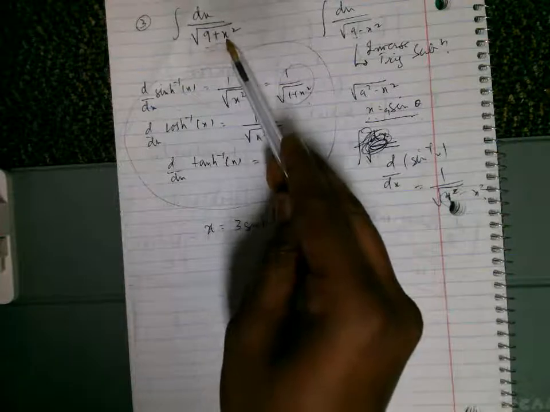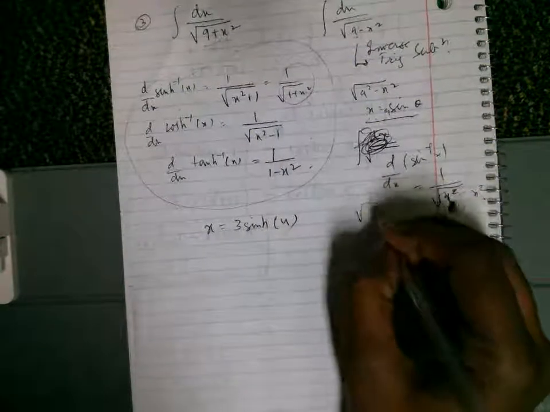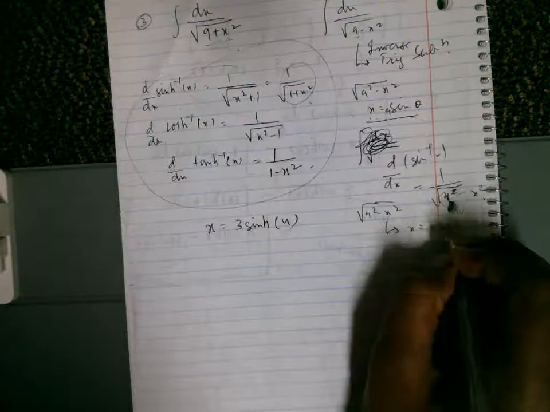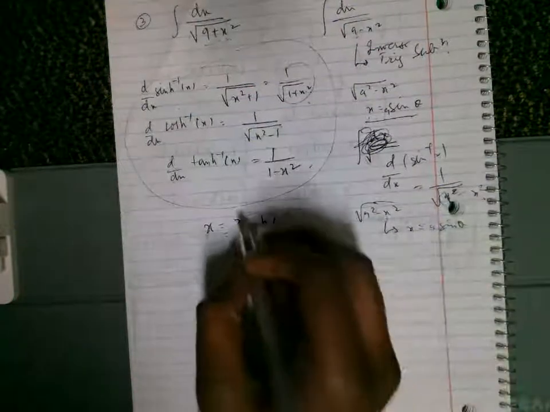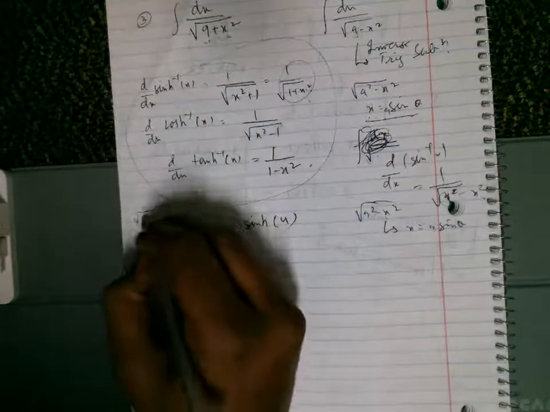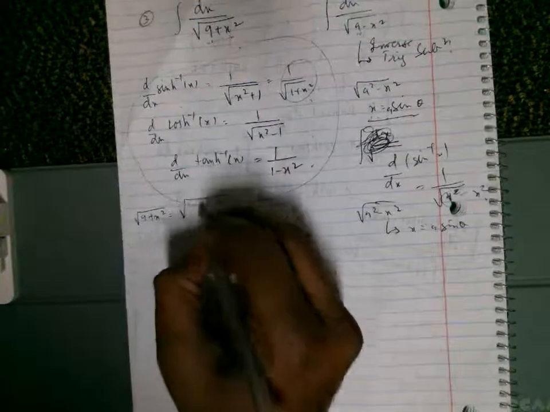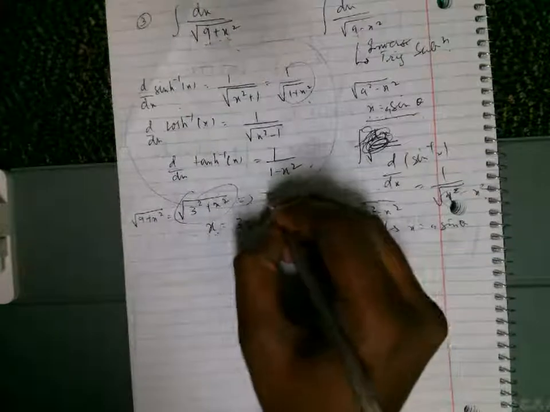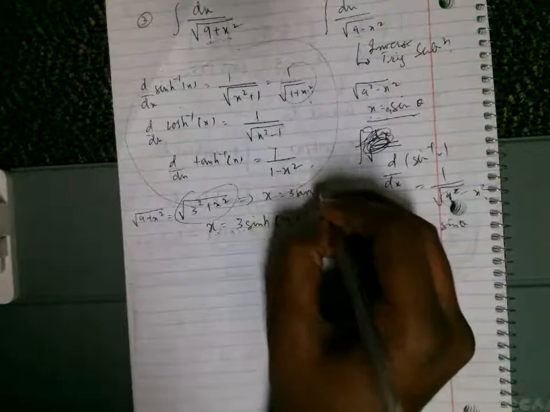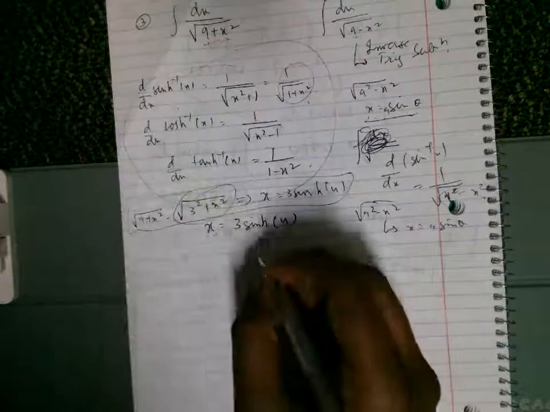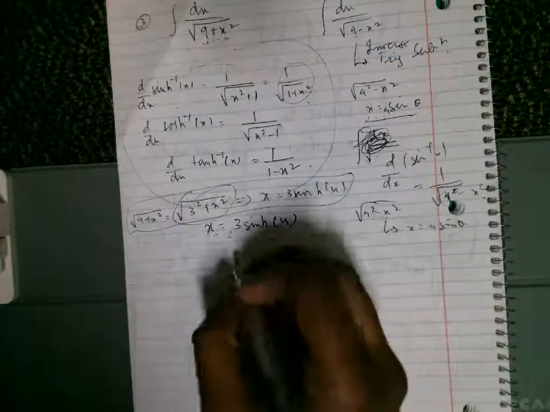Since there is a 9 here, as we had root a squared minus x squared, for which we used x is equal to a sin theta, here we have 3 squared plus x squared, so we'll use x is equal to 3 sinh u. So root of 9 plus x squared is the square root of 3 squared plus x squared. That is the substitution that we are using.